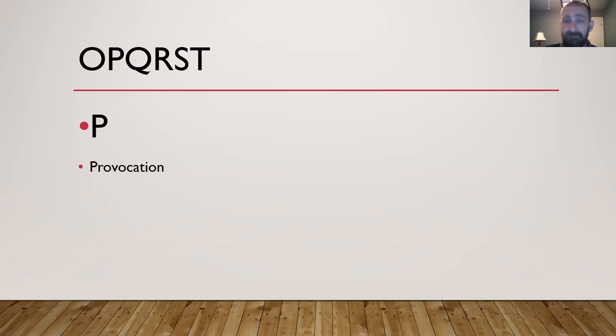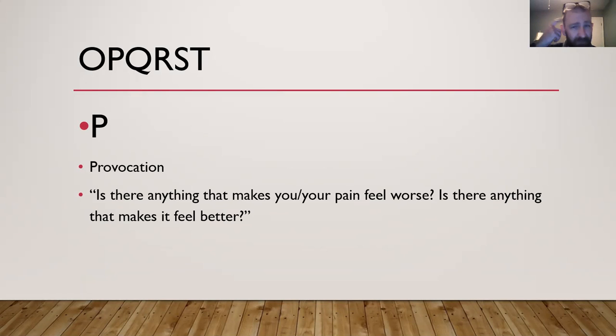P means provocation. For this, what it means is, does anything make how they're feeling better or worse? Does anything make the pain worse or better? Does anything make their breathing better or worse? Whatever the problem is, is there anything that makes you or your pain feel worse? Is there anything that makes it feel better? For example, let's say somebody's having a breathing issue.